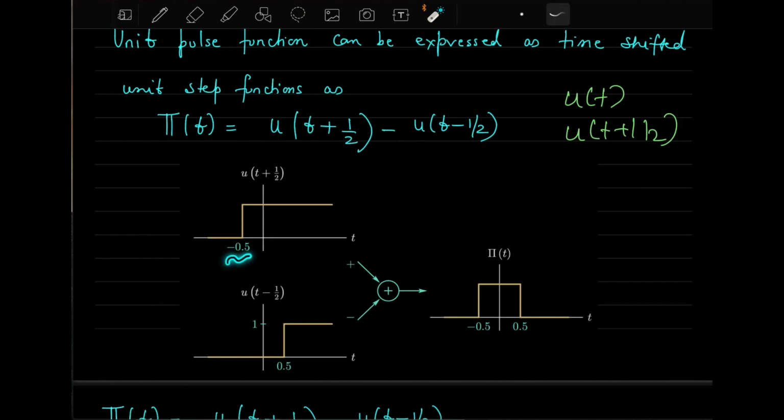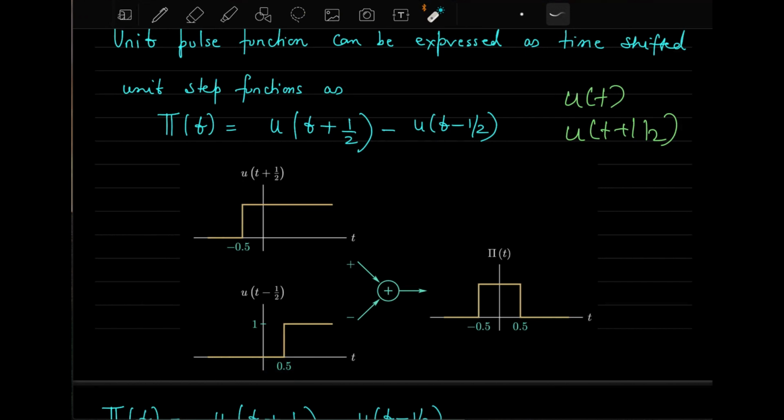It is shifted by a value of minus 0.5 to the left. This is the one you will have when you apply u of t plus half. And when you apply u of t minus half, what will happen? It will be shifted to the right side. This we have already discussed in the definitions of the time shifting operation. So by using u of t minus half, you are shifting the unit step towards the right by 0.5.